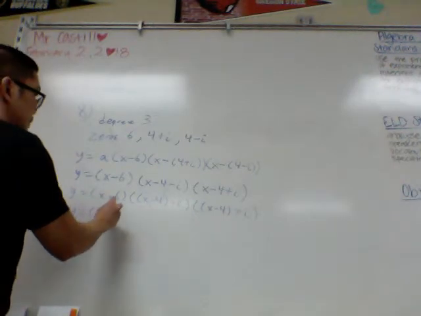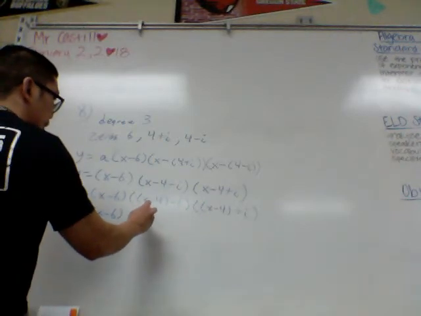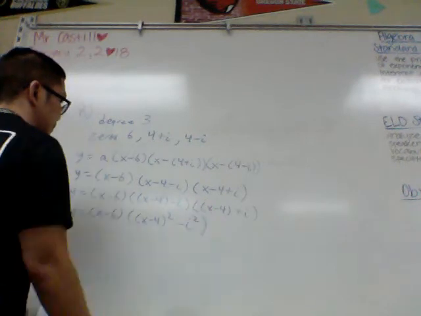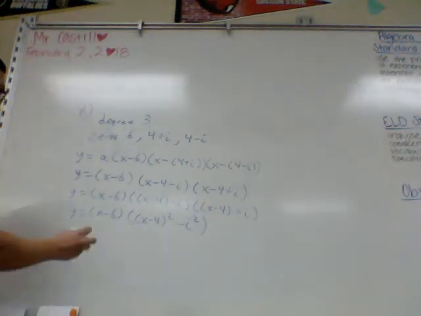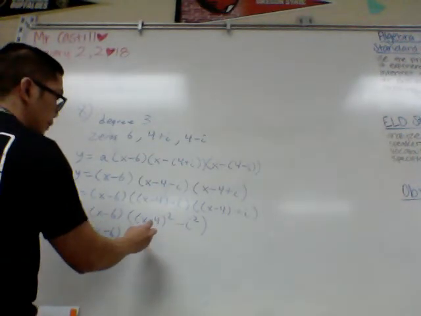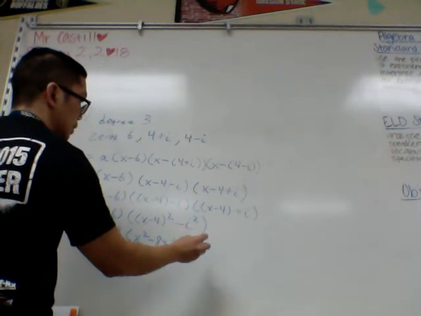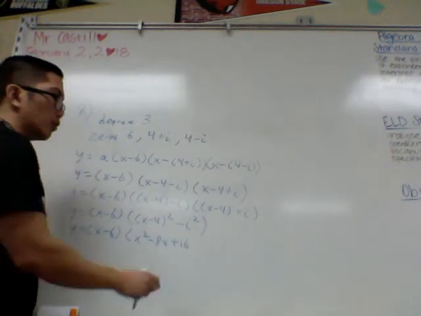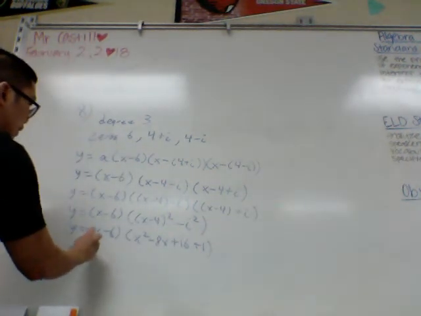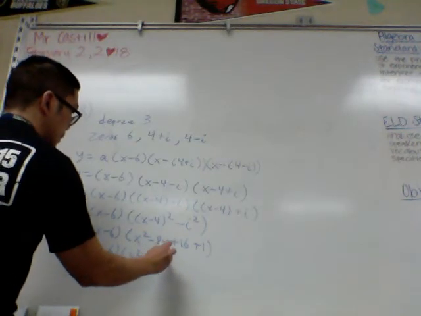So I have x minus 6, and then this is going to be x minus 4 squared minus i squared. And then if I factor this out, this is x squared minus 8x plus 16. i squared is negative 1, so minus negative 1 is plus 1. So I get x squared minus 8x plus 17.